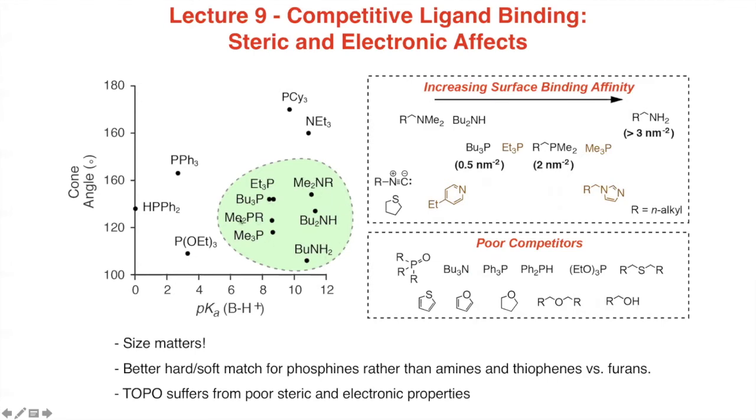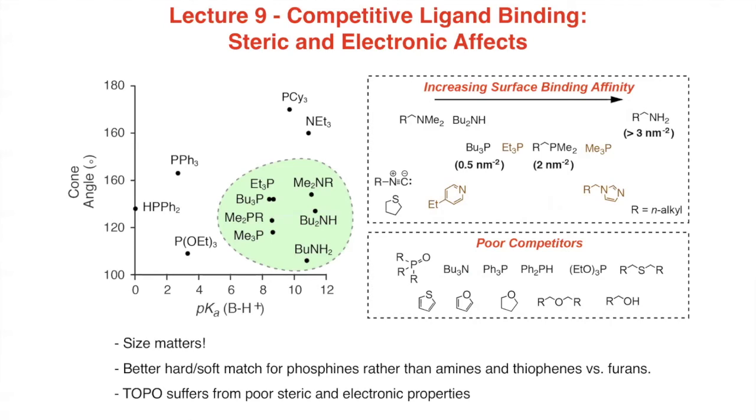All the effective binders appeared down here, and all of these did not compete very well. Shown on the right are the relative binding affinities. Affinity goes up as you go to the right in this box, for several different classes of molecules, and then a bunch of others that did not compete with tributylphosphine at all.